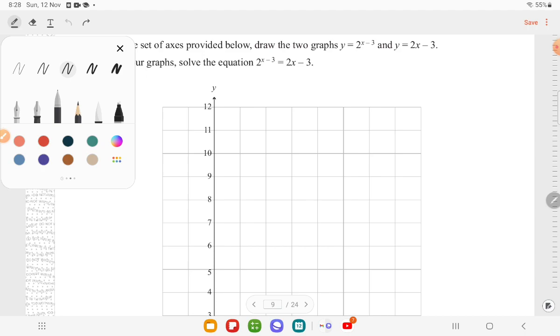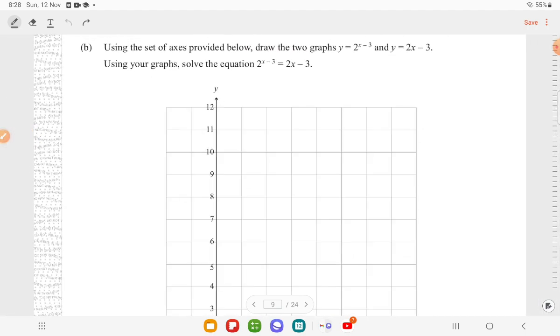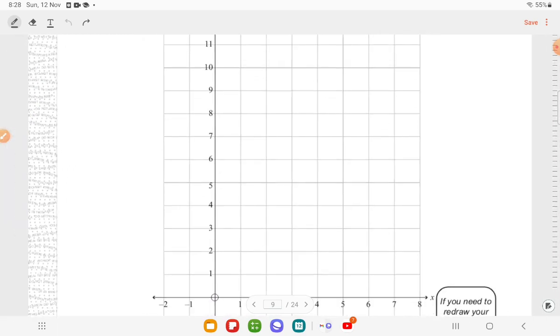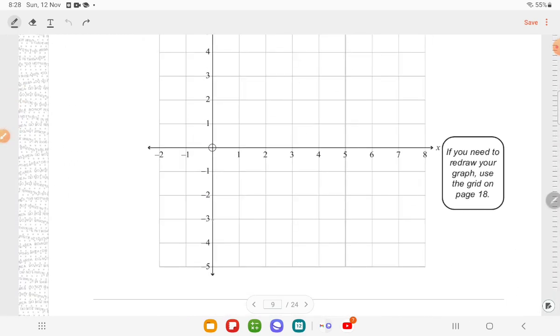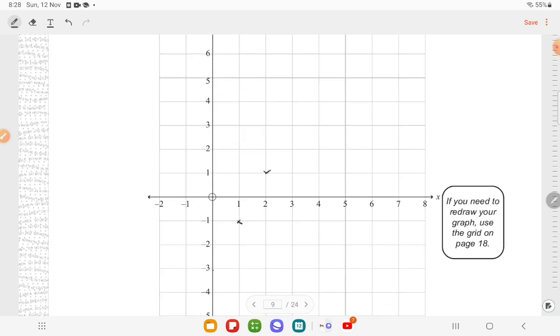Seems like I don't have any utensils. I need to draw it by hand. Other applications have a ruler and stuff. So yeah, y equals 2x take away 3. So -3 is the intercept, and we go up by 2, and so on.